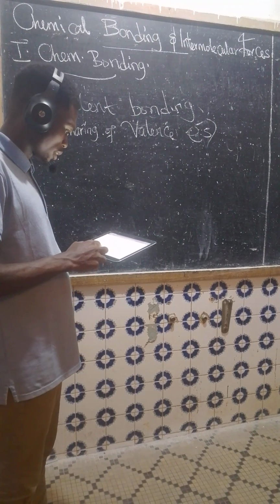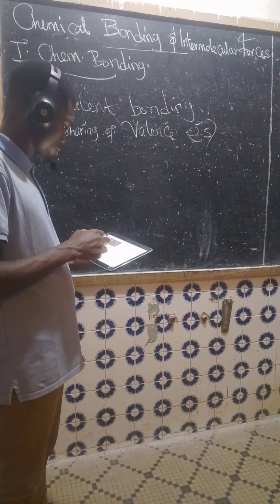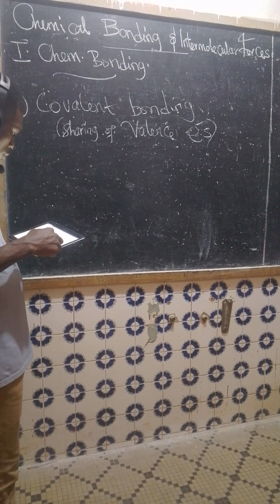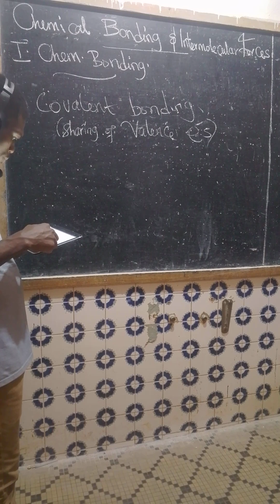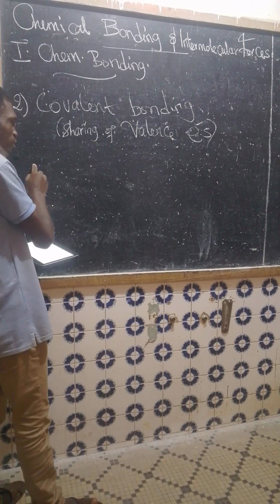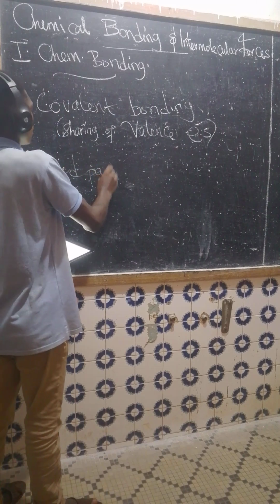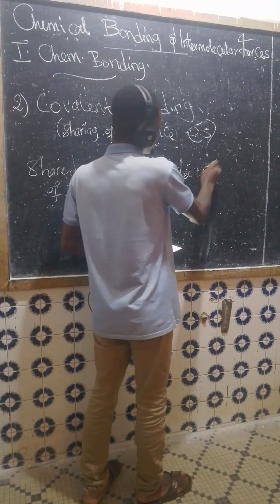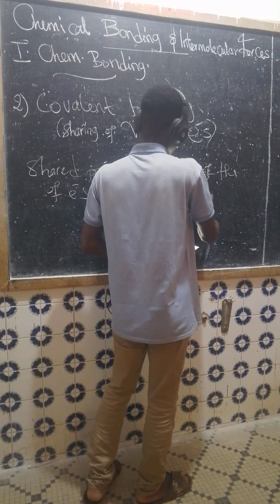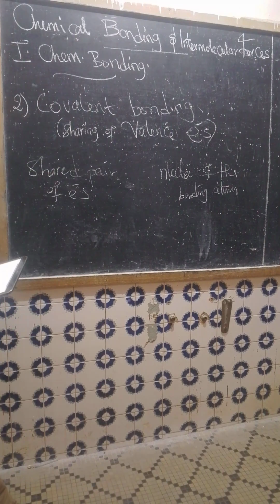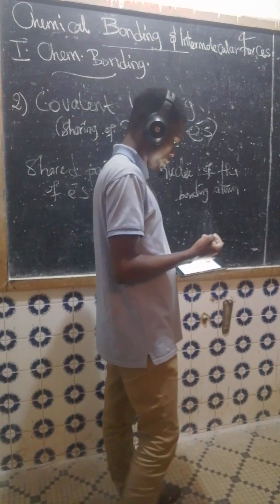There is a strong electrostatic force of attraction between the shared pair of electrons and the nucleus or the nuclei of the bonding atoms. That's covalent bond.